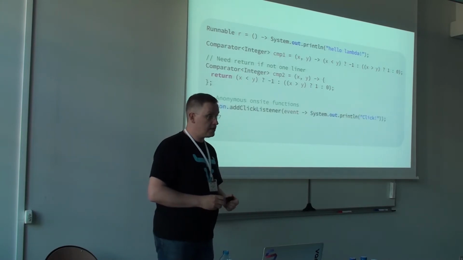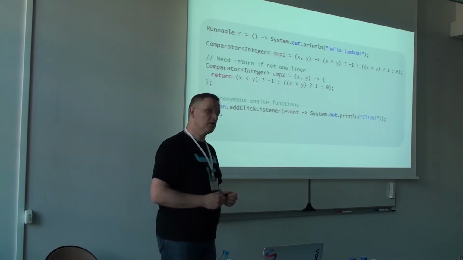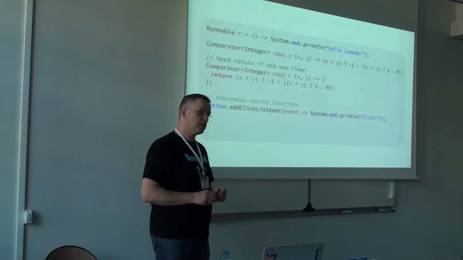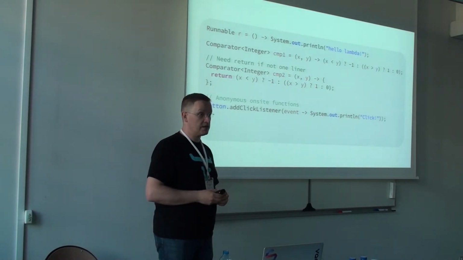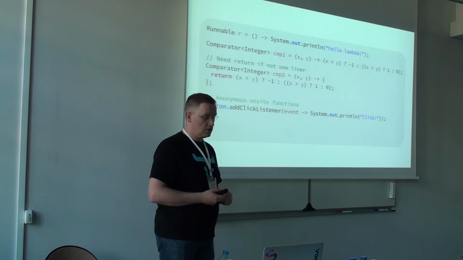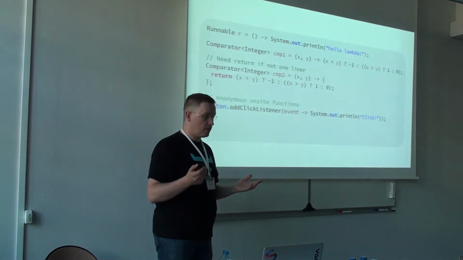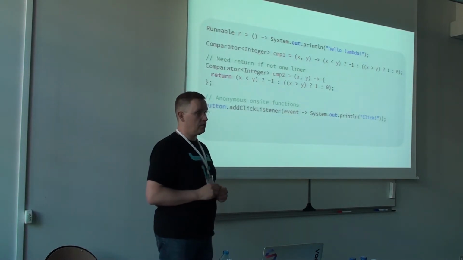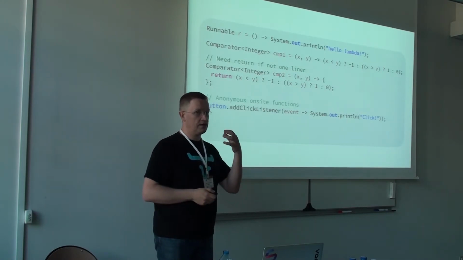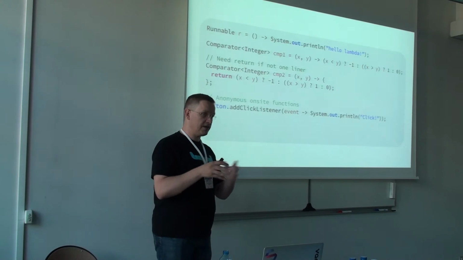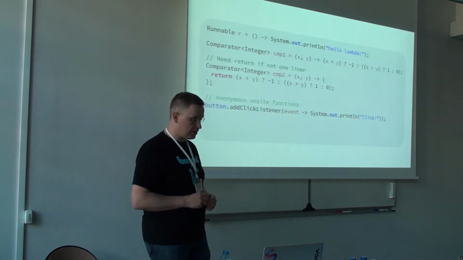And UIs actually have quite a few SAMs, and the button click listener we just saw is one of those. So any event listener usually wants an anonymous class that has one method that handles the event from the UI component.